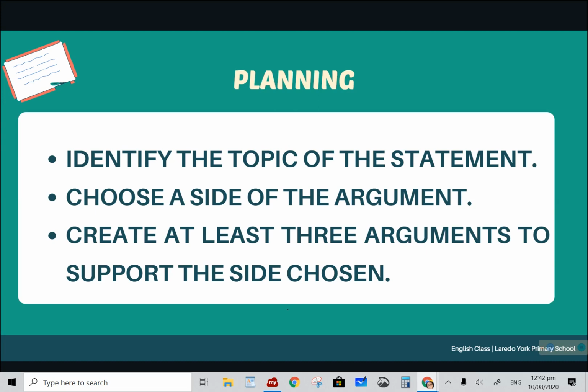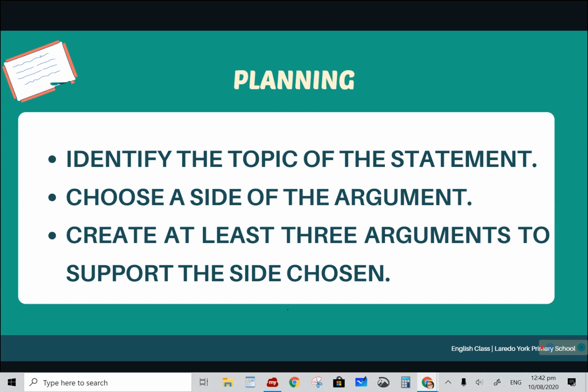This causes students to move faster in the examination because you already have a plan as to how you are going forward with your essay. So for the planning, students should follow these steps accordingly.